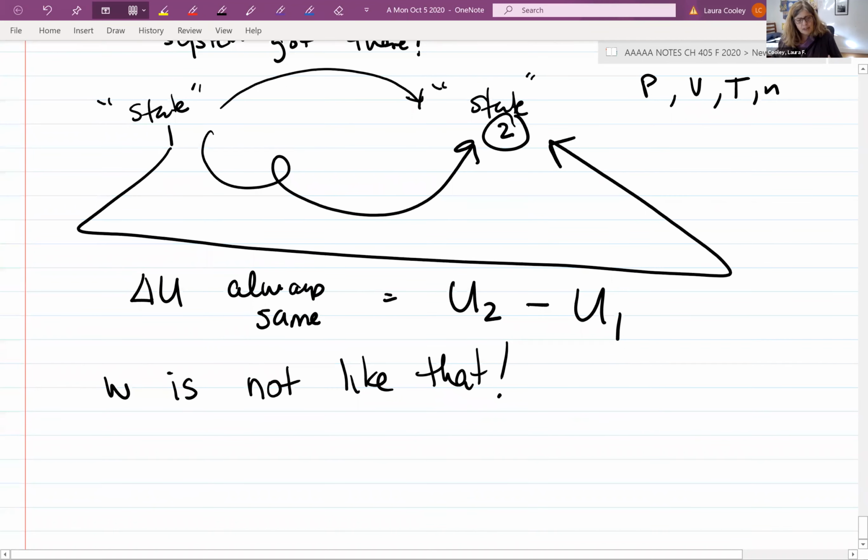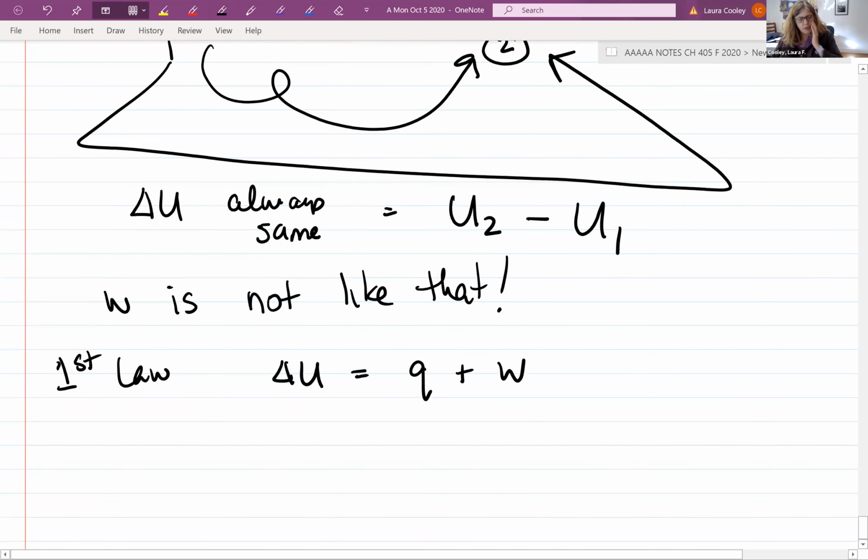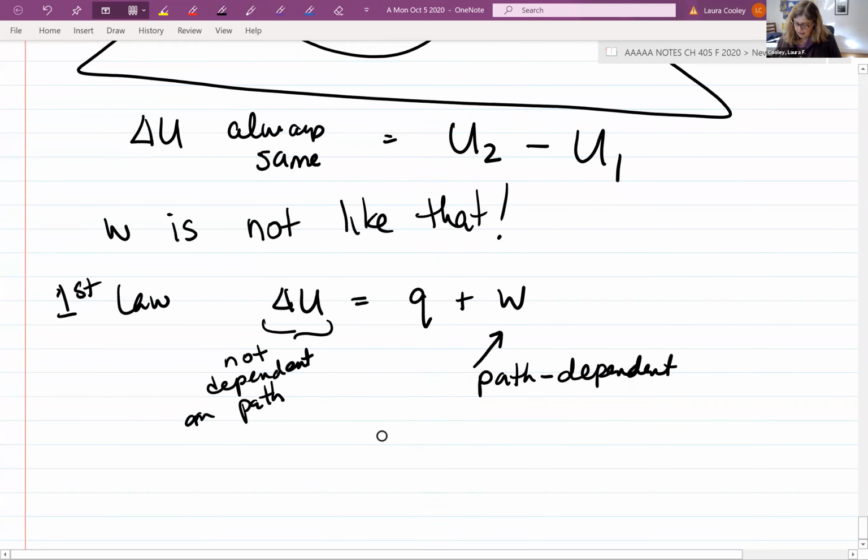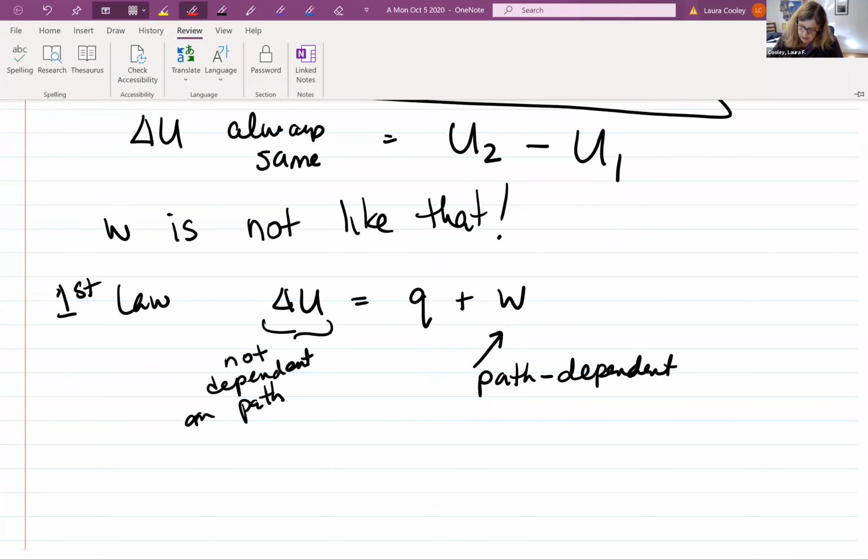Okay, but we have something very important, right? We have the first law. And the first law says that the change in internal energy is the sum of the heat and work contributions. So if W is path dependent and U is path independent, it's just U2 minus U1, then what does that say about Q?